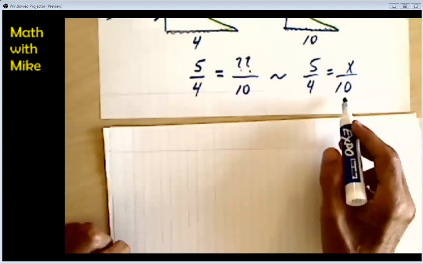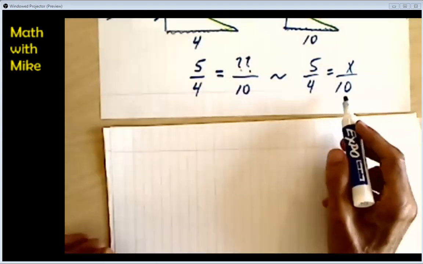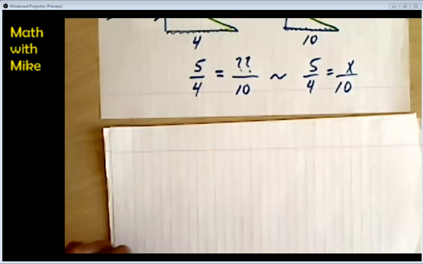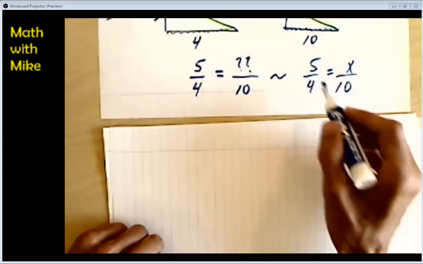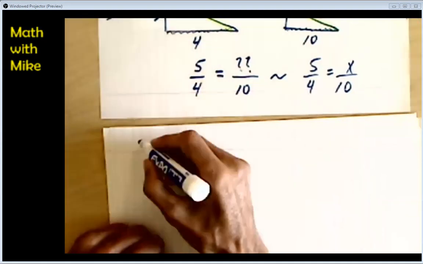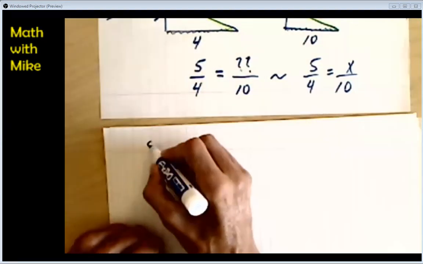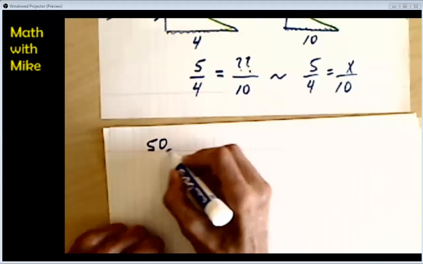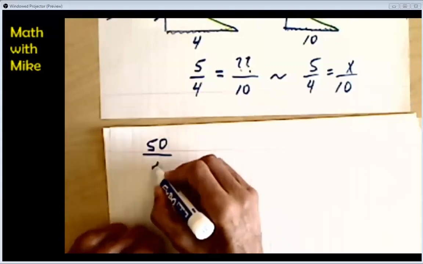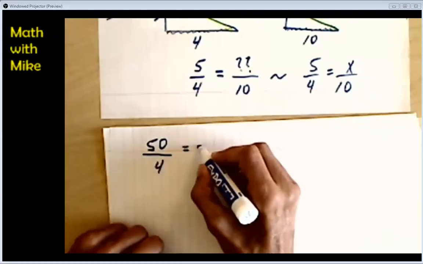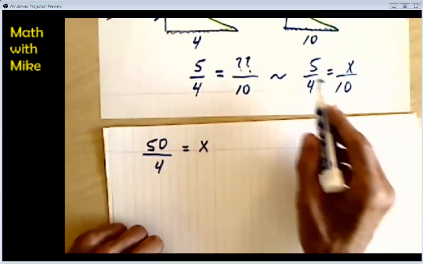So what do we do first? Sure, we can go 10 times 5. What do we get? Yeah. So 50 on the top over there, 4 there. The 10 is gone. 10's multiplied up with the 5 now.